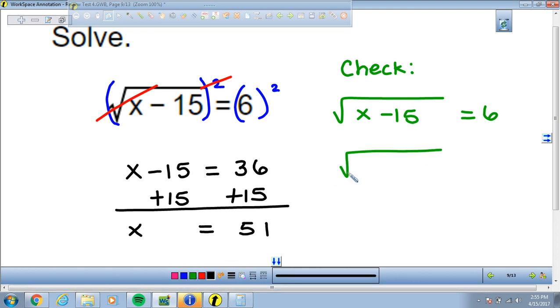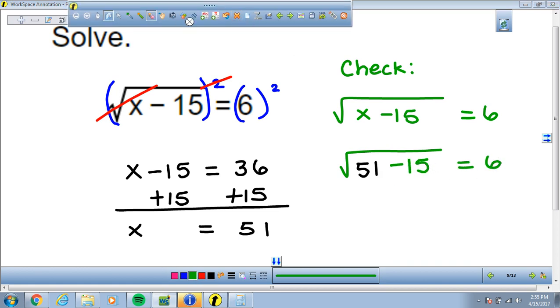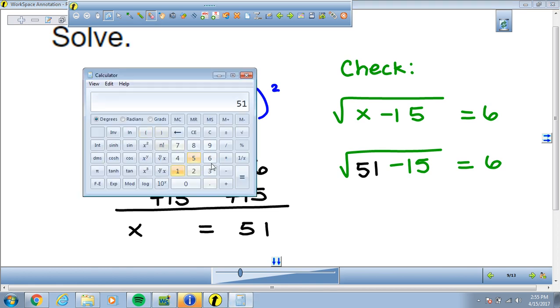So let's see, if I put the x to be 51, and then I do minus 15. If I subtract 51 minus 16, that's 35.